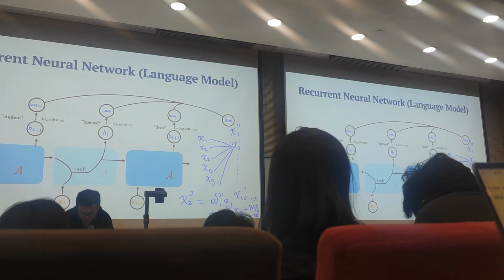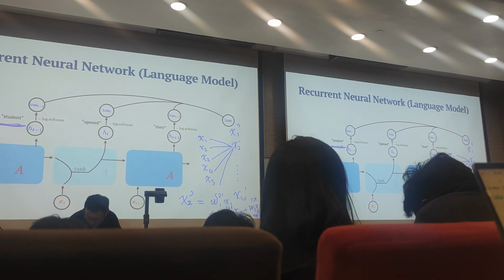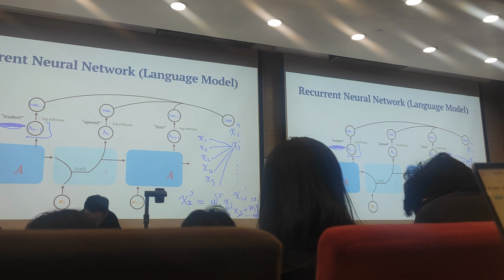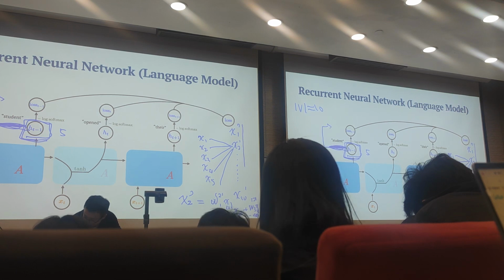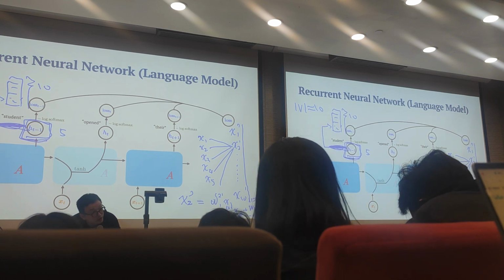What we have here is by inputting this thing, and then for example the gold next word is students, and then we have this dimensionality of 5 thing, and say we have a vocabulary size equal to 10. Then we will need to transform this thing into a vector of size 10, and this vector contains the score for each of the words, right?